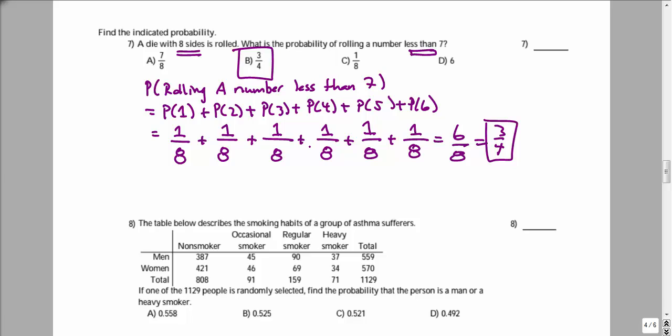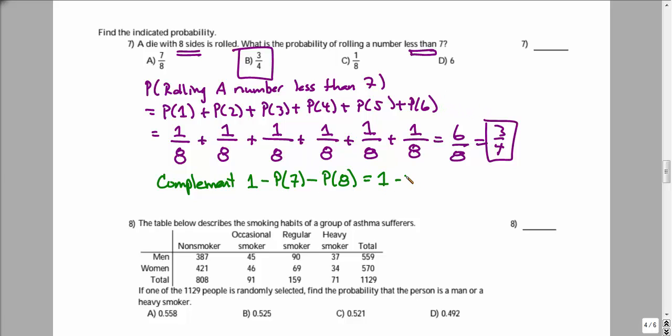Now if I didn't want to add all of these up, I could also use the complement. It would be the same problem. So using the complement, I know my total is 1, and I would subtract off the probability of rolling a 7, subtract off the probability of rolling an 8. The reason why is, if you notice, I included 1 through 6. The only 2 that were left were 7 and 8, so that makes up the complement.